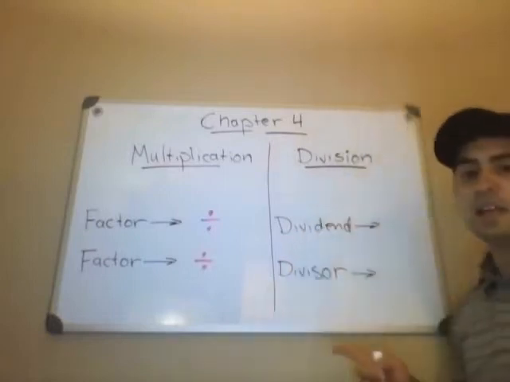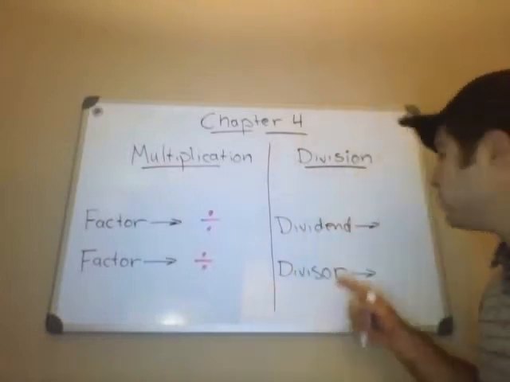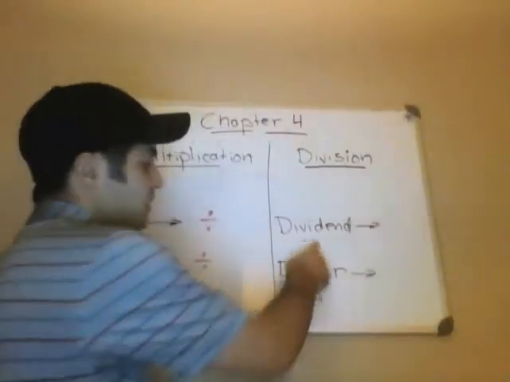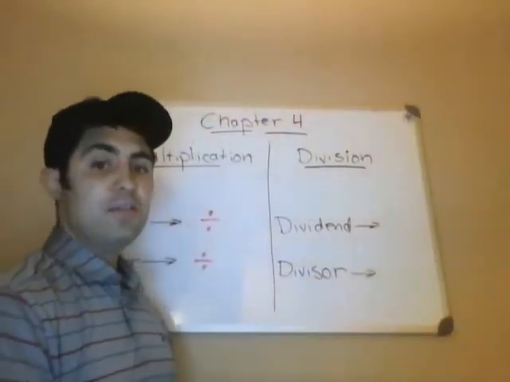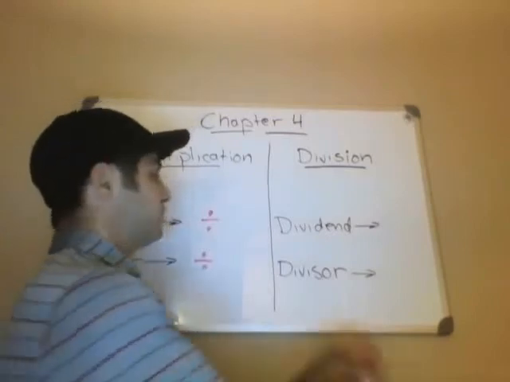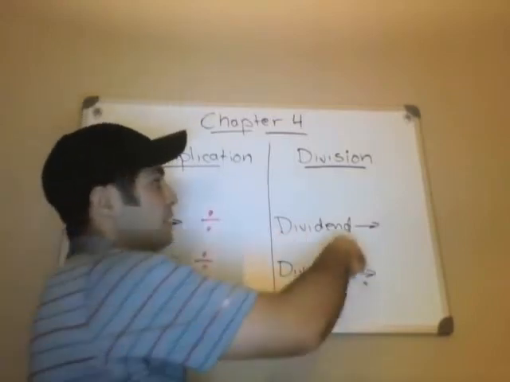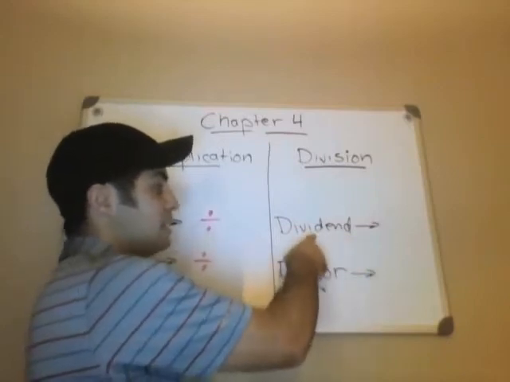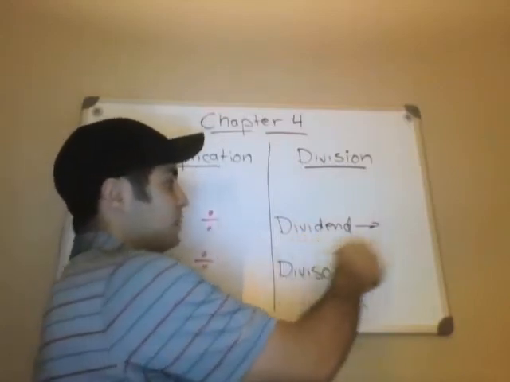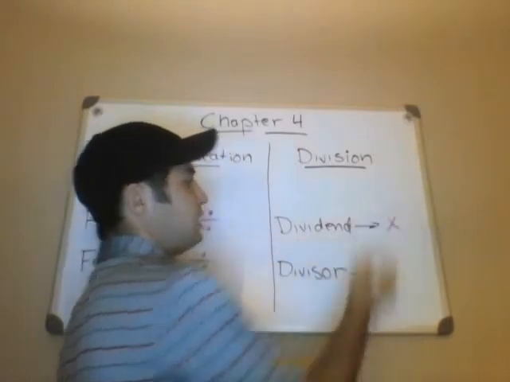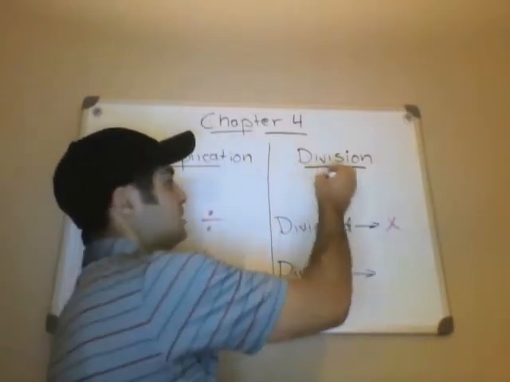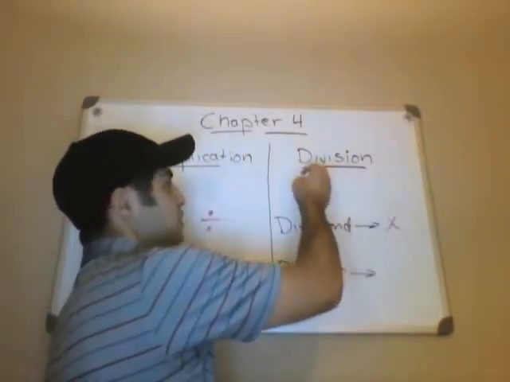When you're dividing and a number is missing, the number is either going to be a dividend or a divisor. Division is a little bit different for the divisor. So we'll just start out with a dividend. If you're dividing and the dividend is missing, then you're going to multiply. Keep in mind, the dividend is the first number.